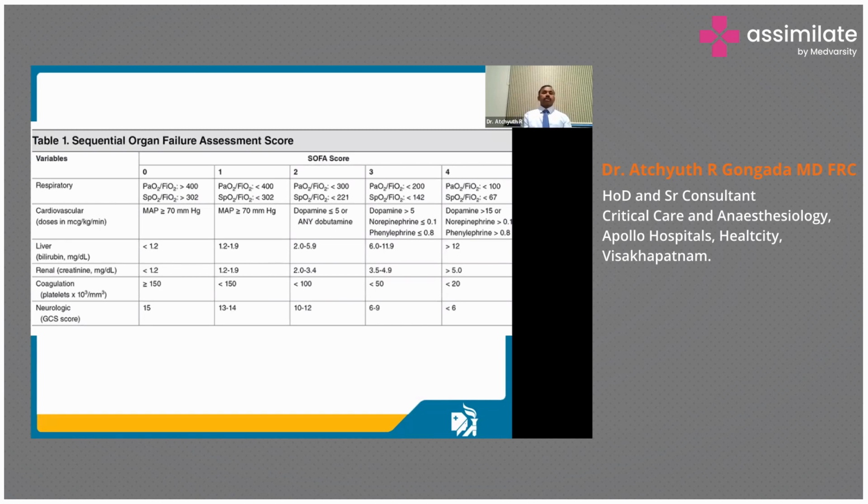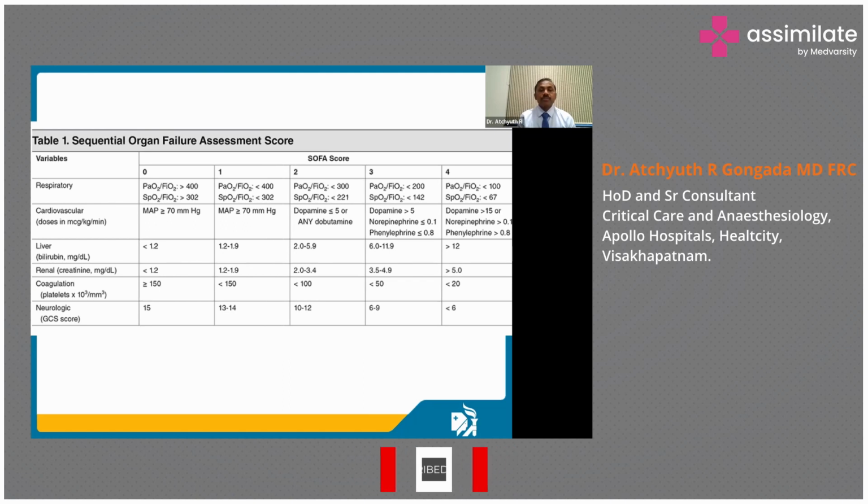So the Sequential Organ Failure Assessment score, as you can see, in short is called the SOFA score. You can see that about 5 or 6 systems are included in these parameters. A score of 0 to 4 is given for various parameters in each system.